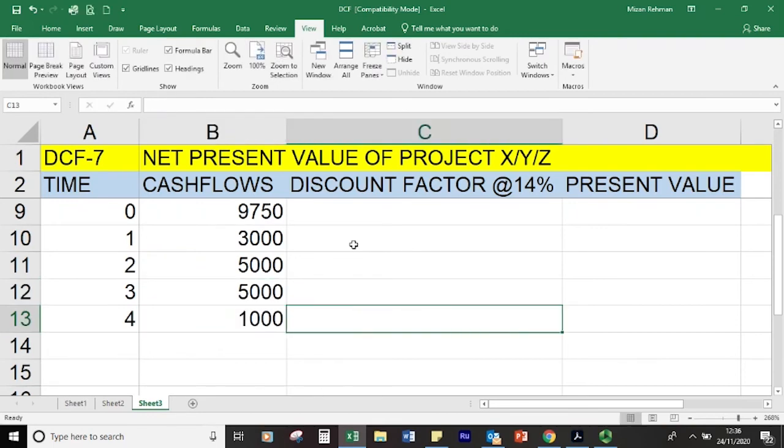What are we getting? We're getting higher amounts now and a lower amount at the end. This can have a positive impact on the NPV.